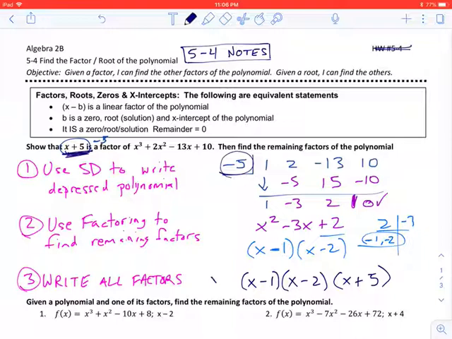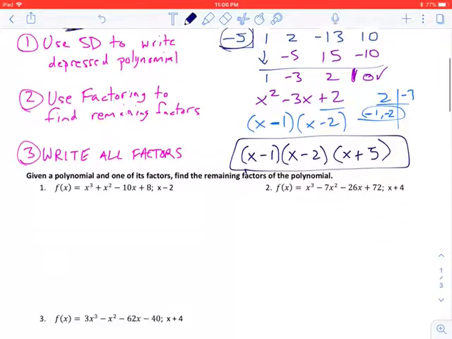And you can say y equals those, or equals 0, or just write them right now. That's not a big deal. Okay? And there we go. That is our final answer. That is the depressed polynomial and completely factored.